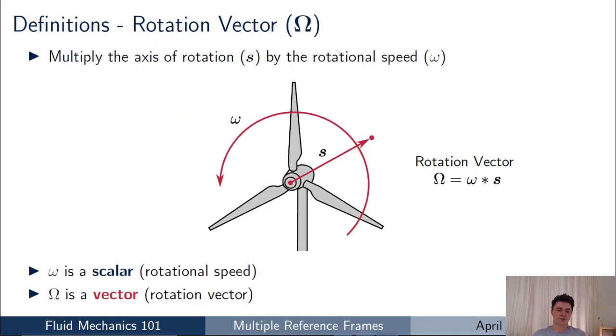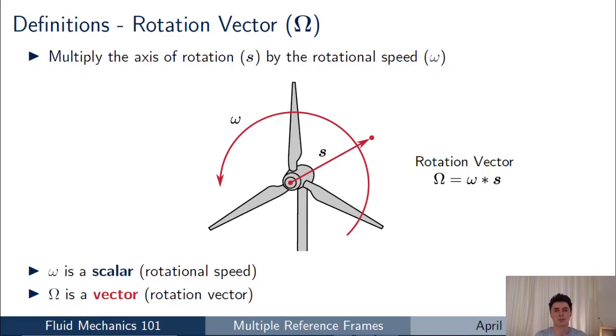Now that we've got the axis of rotation, we can define a rotation vector, which I'm going to use the symbol uppercase omega for. And the way we define a rotation vector is by multiplying the axis of rotation S by the rotational speed omega.